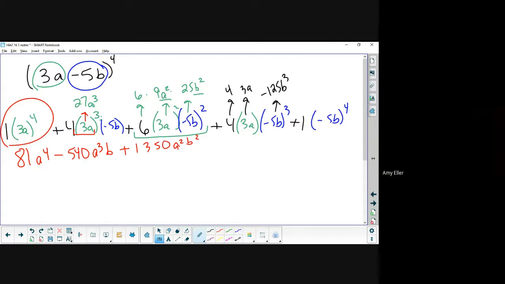Once each term is simplified, let's multiply your coefficients. 4 times 3 times negative 125. Negative 1500 AB cubed. Last term only has one part, so take your negative 5 to the fourth power.